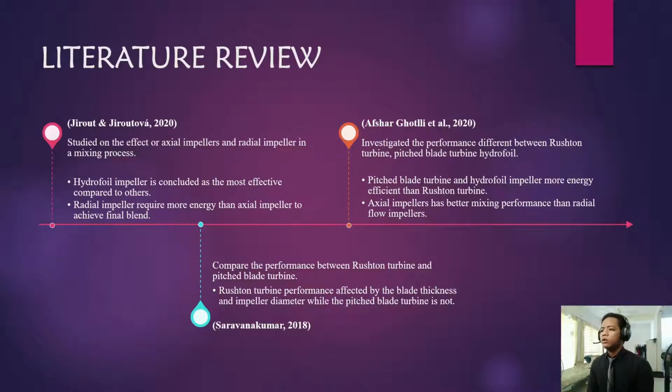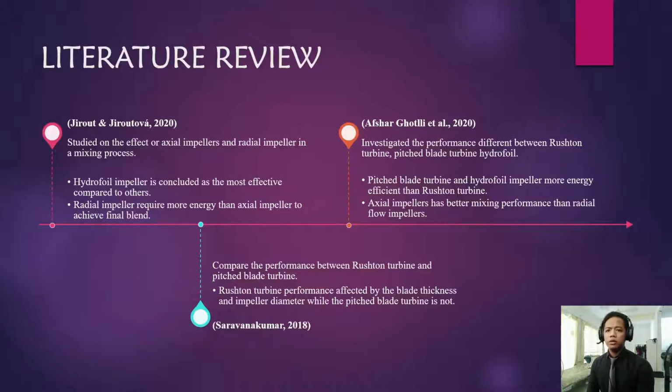Giroud and Girotova also found that a radial impeller requires more energy than an axial impeller to achieve the final blend. Asfar and Gottlieb in 2020 investigated the performance between the Russian turbine, pitch blade turbine, and hydrofoil impeller.